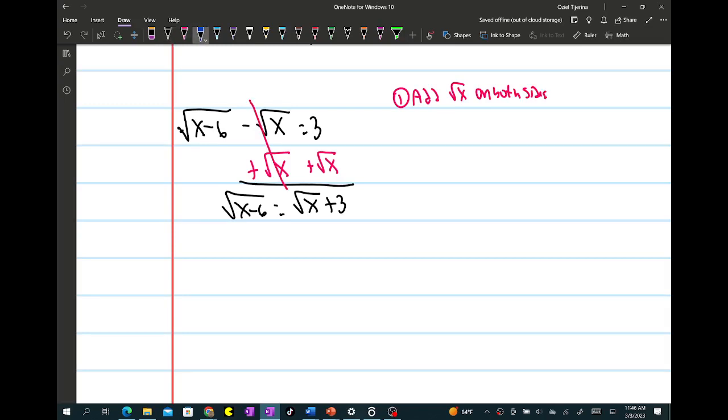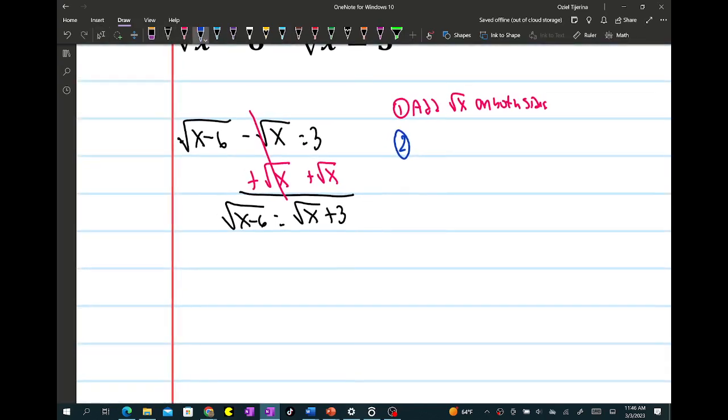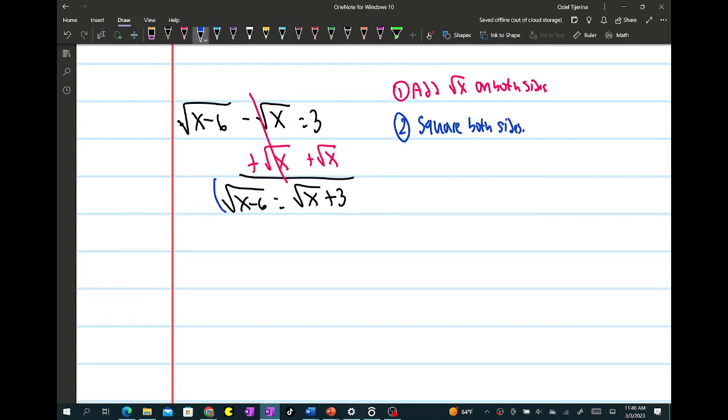And then number two: what we're going to do next is square both sides. We're going to square this side as well as this side.